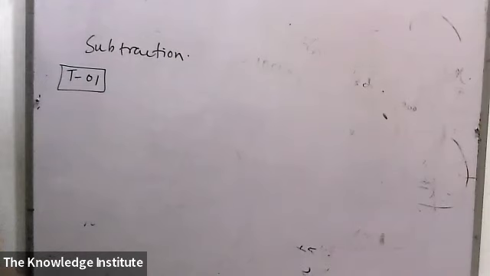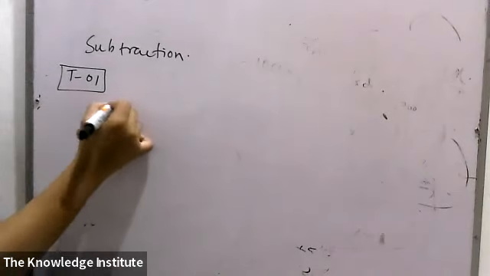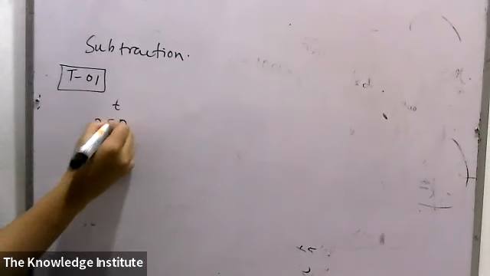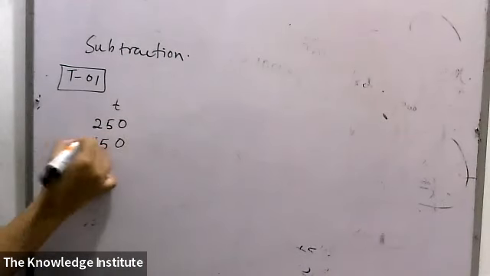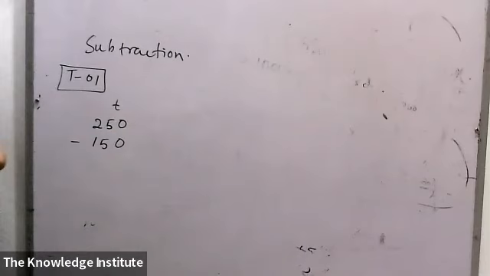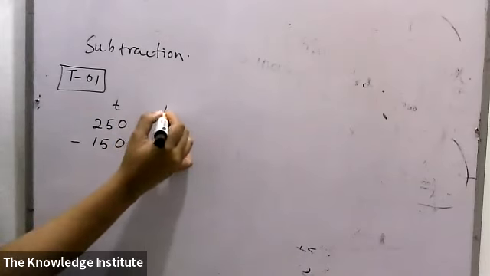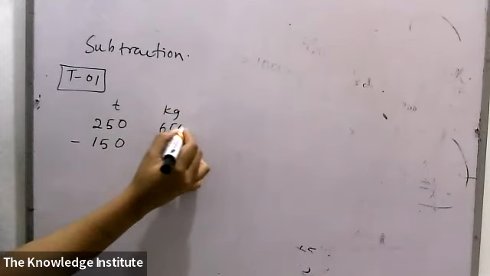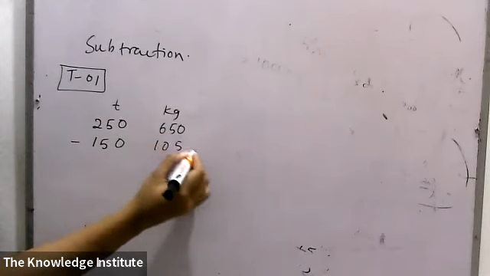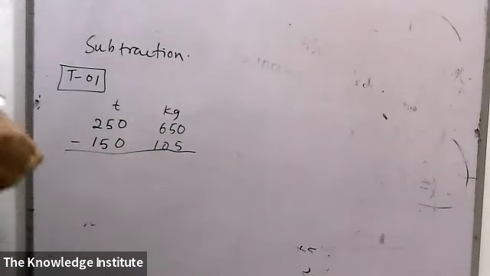Let's say you have 250 tons 650 kilograms, and 150 tons 105 kilograms should be subtracted.